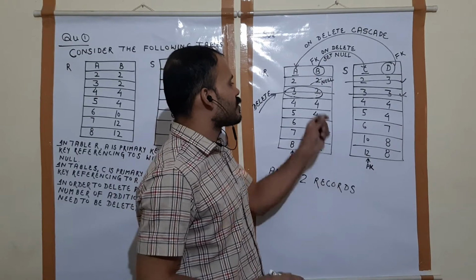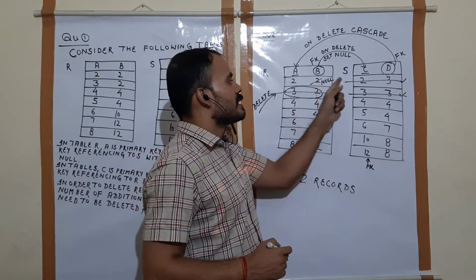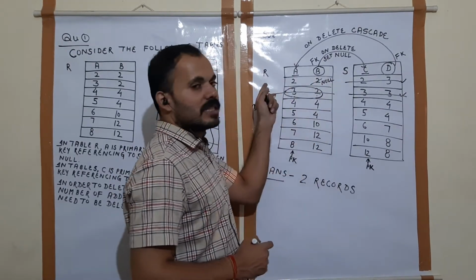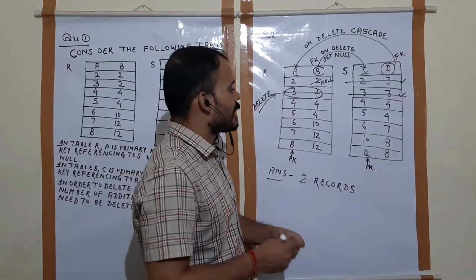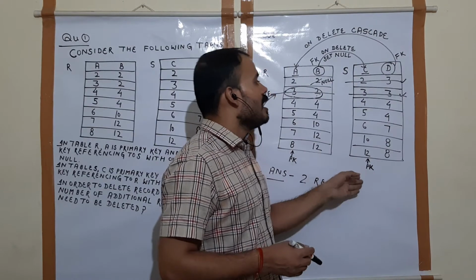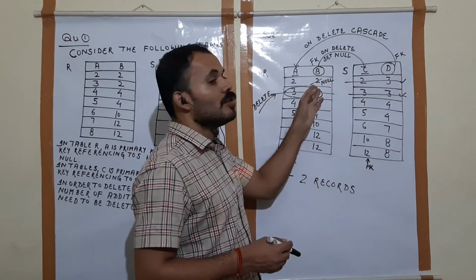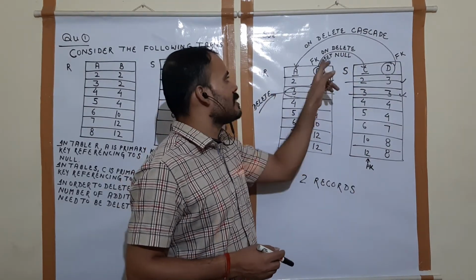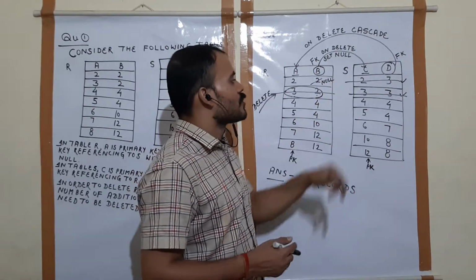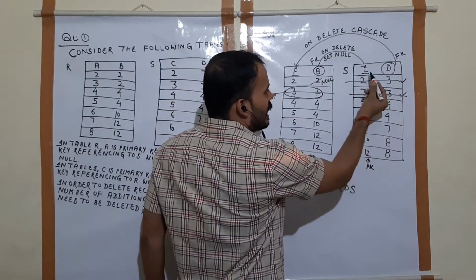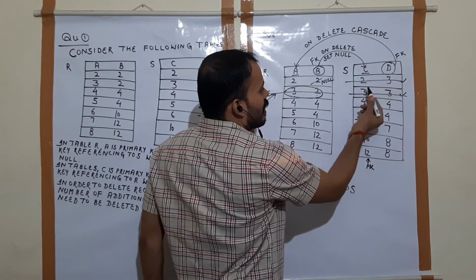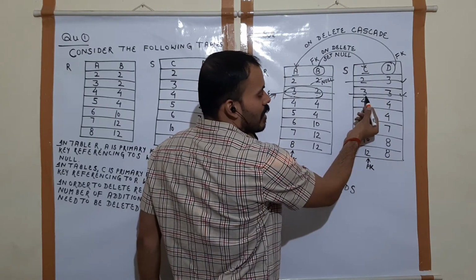And with respect to the foreign key B, this is the referenced relation and this is the referencing relation, and if we delete any record from the referenced relation, the corresponding foreign key value we have to set null, because it is on delete set null. So I am deleting these two records. Here the primary key value is 2, here the primary key value is 3.